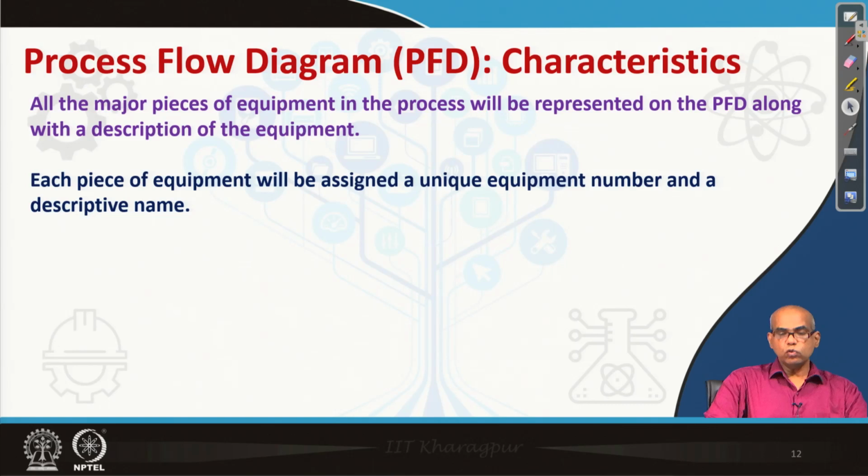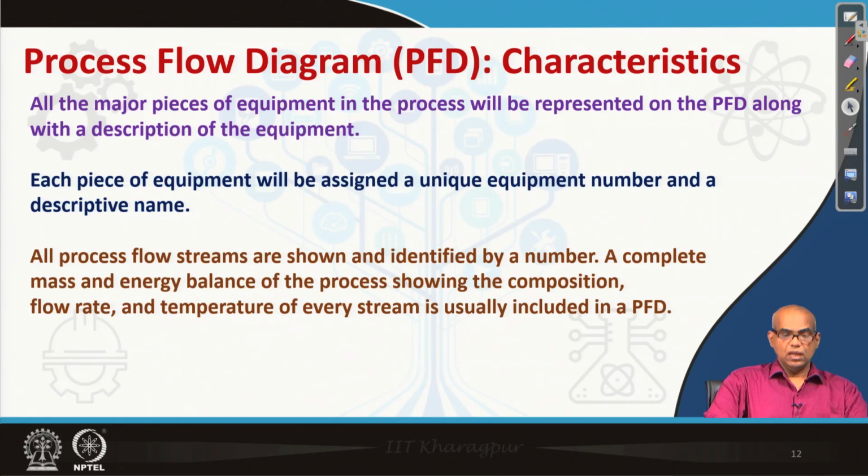Each piece of equipment will be assigned a unique equipment number and a descriptive name. All process flow streams are shown and identified by a number. A complete mass and energy balance of the process showing the composition, flow rate and temperature of every stream is usually included in a process flow diagram.